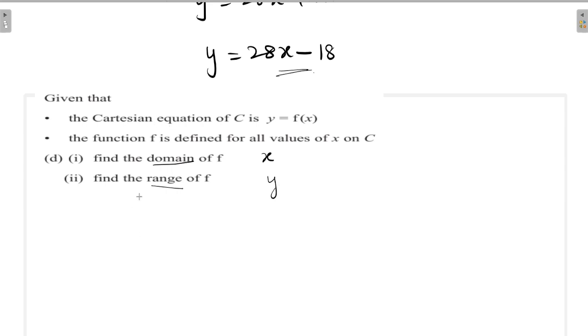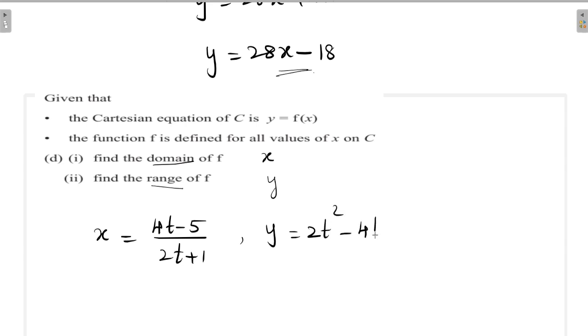Here we have x and y coordinates in the parametric form where x equal to (4t minus 5) by (2t plus 1) and y equal to 2t squared minus 4t plus 4, where t must be greater than or equal to 0. So here the possible values of t are 0 less than or equal to t less than infinity.